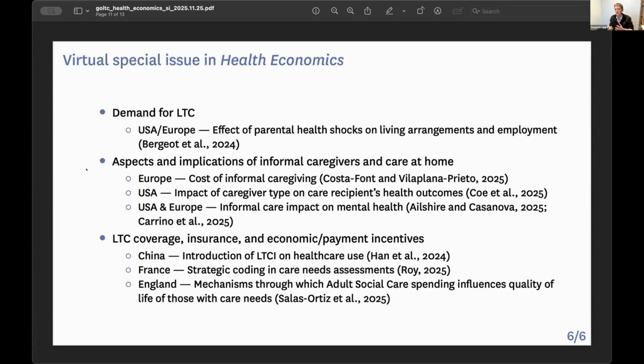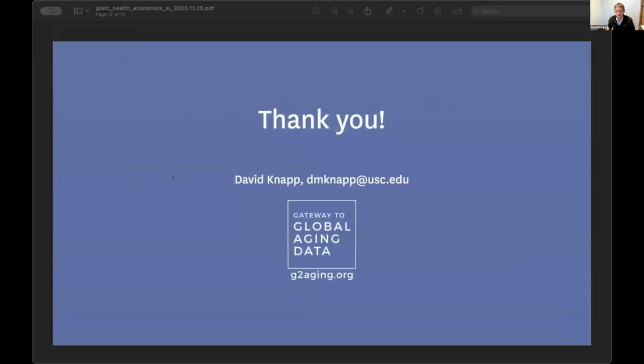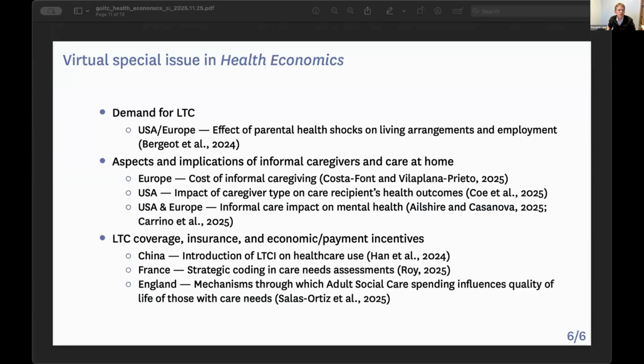This creates a nice natural experiment, and so the authors, using the China Health and Retirement Longitudinal Study, compare treated individuals, those who need care, with untreated individuals, such as those without care needs in the treated cities, or those with care needs in untreated cities. They find that long-term care insurance reduces hospital admissions and inpatient hospitalization costs.